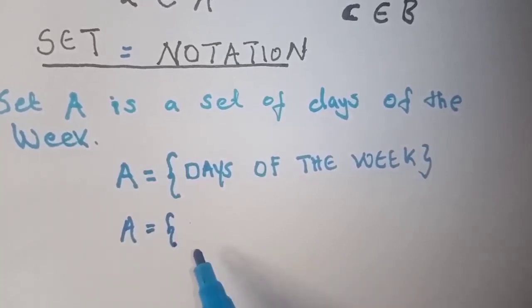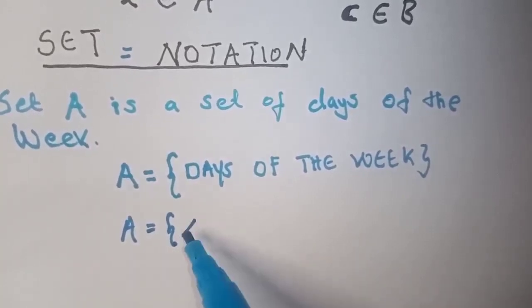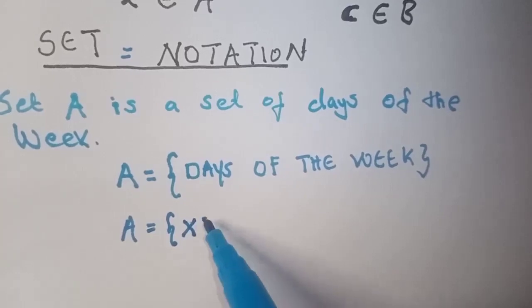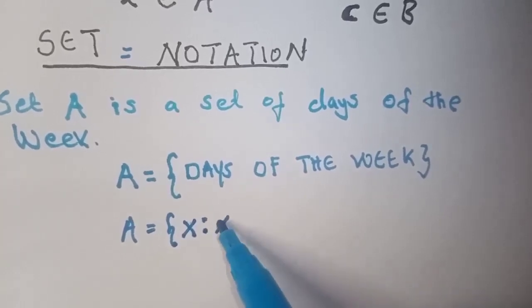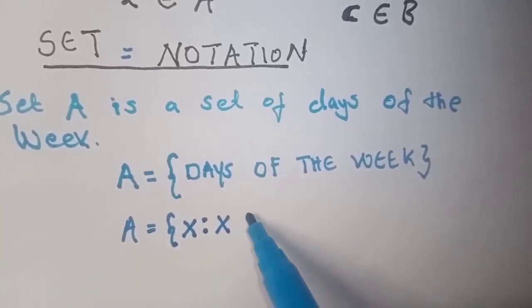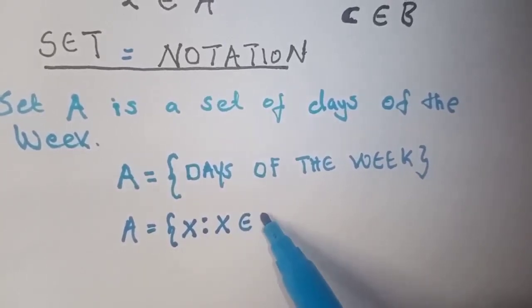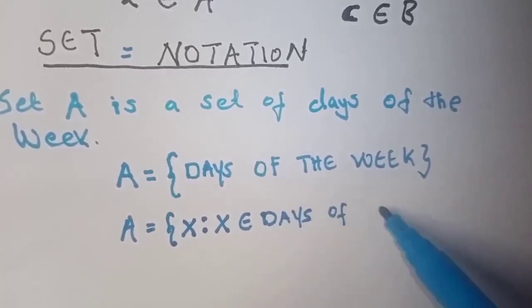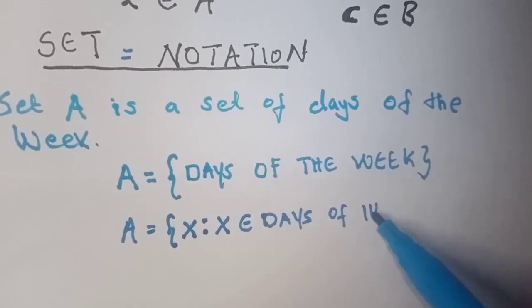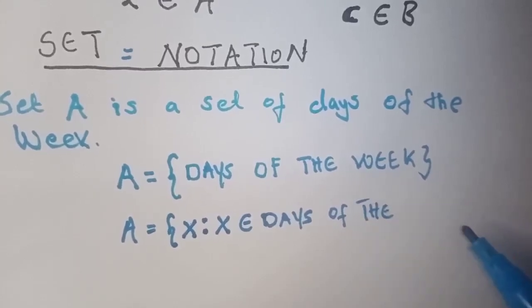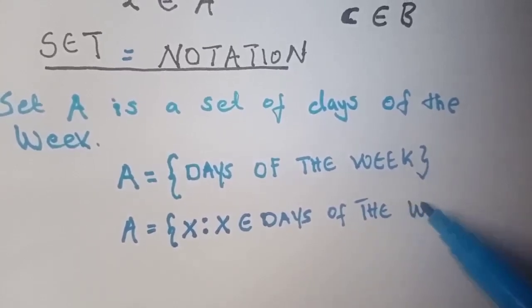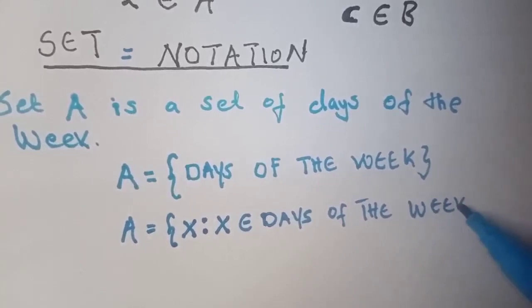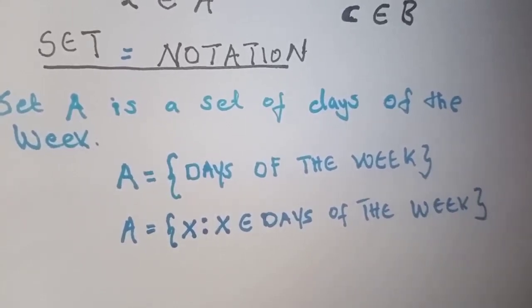you open the set, then you say X such that X is a member of days of the week. So this symbol simply means member of, and this symbol simply means such that.